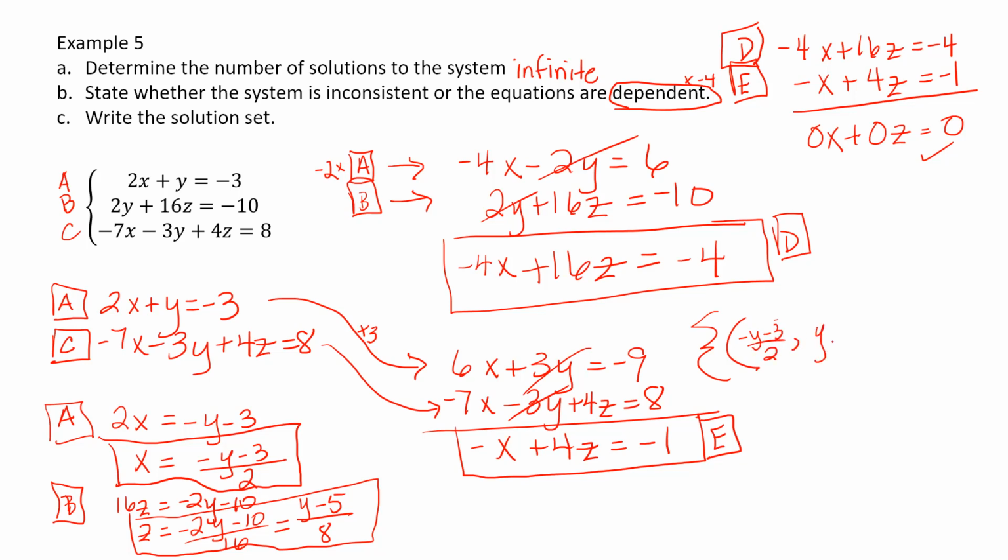For y, I would just put y, because I'm writing the two other unknowns in terms of y. And then for z, I would have y minus 5 over 8. That would be every coordinate triple, where y is a real number, y is an element of the reals. So this would be a way to write this solution set showing how the three unknowns are related.